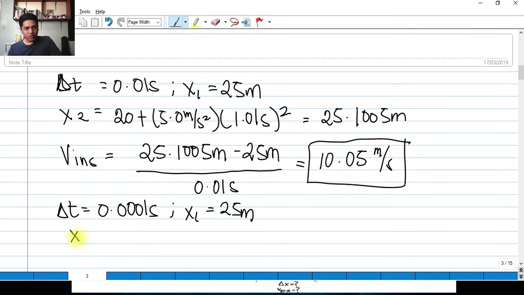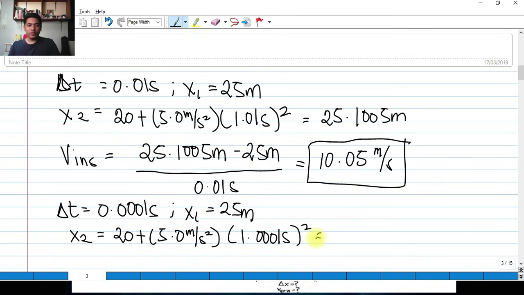So our x2 now will become 20 plus 5.0 meters per second squared times 1.0001 seconds squared. So that is a very short interval of time of the cheetah. Its distance is 25.0005, we have a lot of zeros here. So we have 4 zeros.